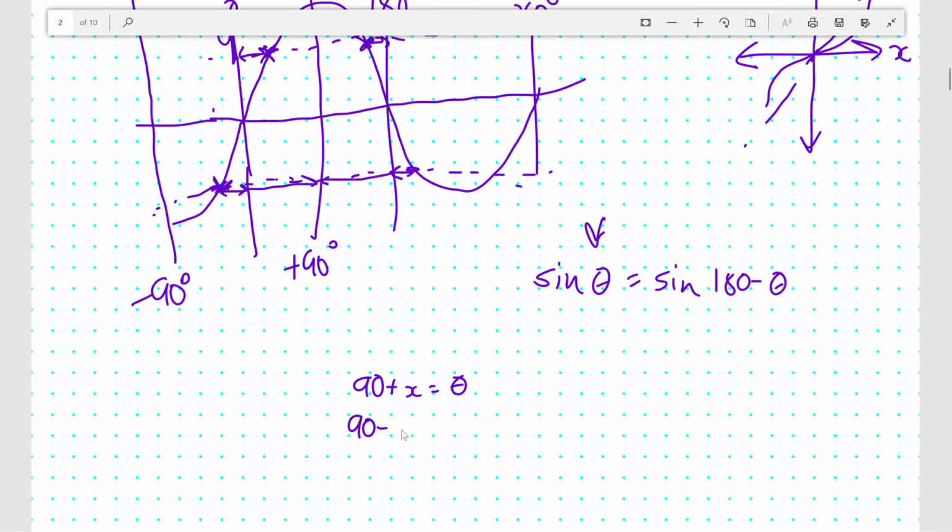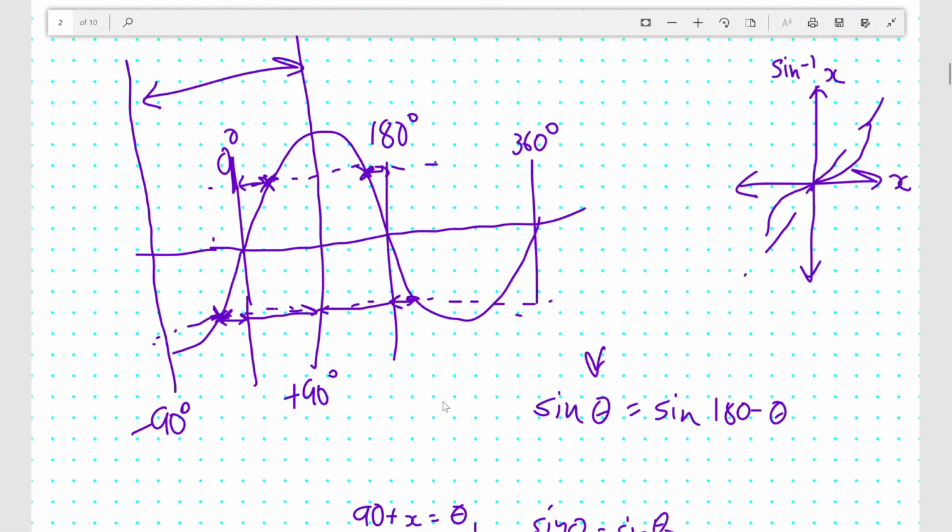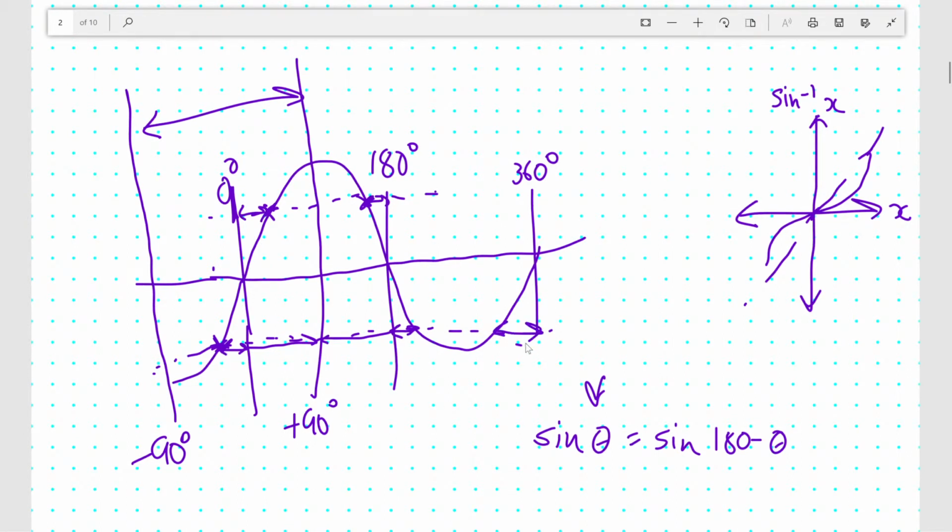That means 90 minus that number is also equal to another version of theta, where sine theta 1 is equal to sine theta 2. In general, a more simplified way of putting it is that for any angles way up here, sine of theta minus 180 is equal to sine of 360 minus theta for this gap here.